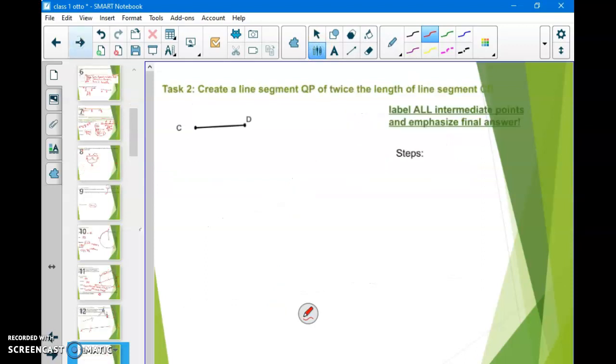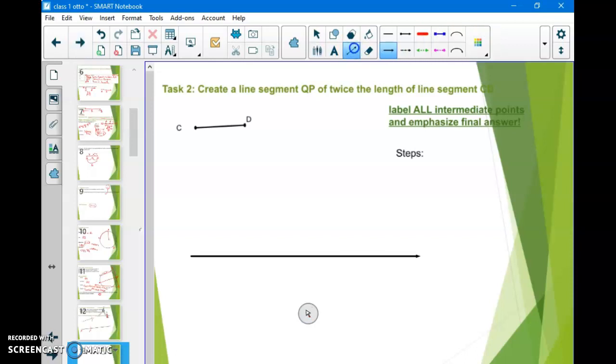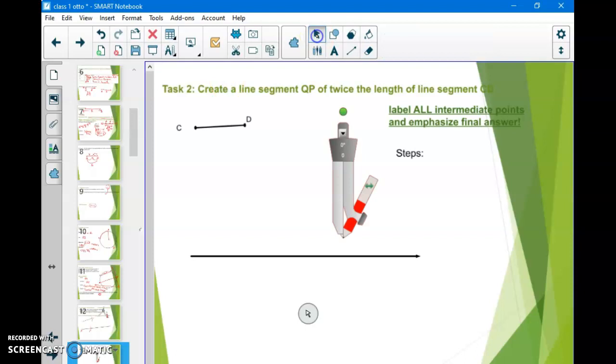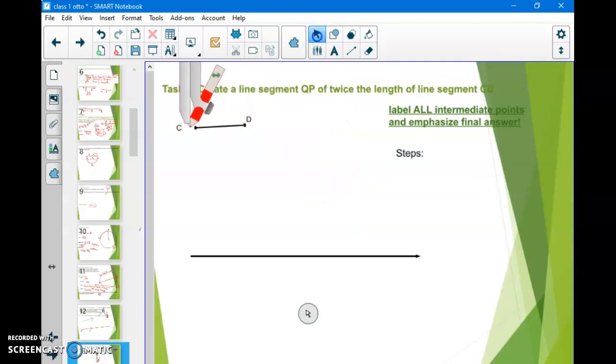If I want to create a line QP that is twice the length of the original CD, again, I'm going to start with a line that I used my straight edge for, and I'm going to take my compass and measure that length.